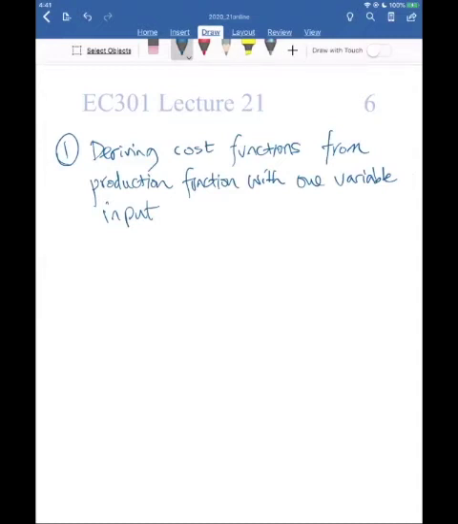With one variable input, as we have described, we have one type of variable input, which is the labor input, and we have an output, and the output will depend on this one variable input production function.